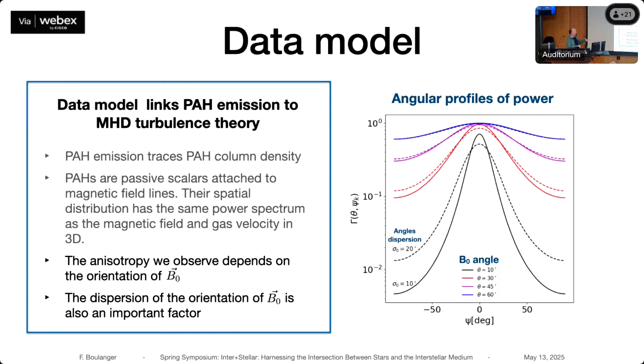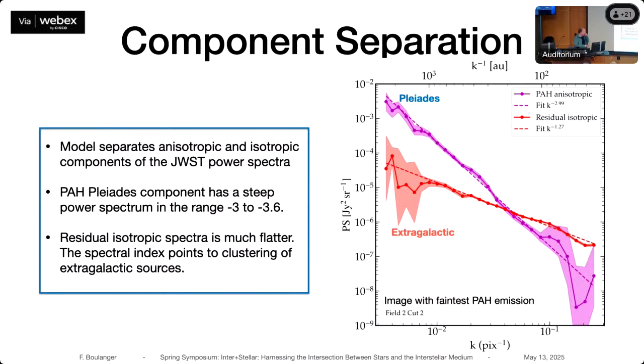This is the result in the case where we are observing flux tubes. And if you observe magnetic sheets, it also depends on the orientation of the sheet with respect to the plane of the sky. A nice result of this modeling is that it naturally separates the observed emission into two components.